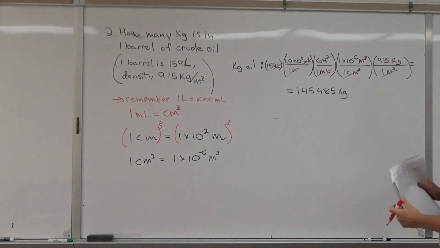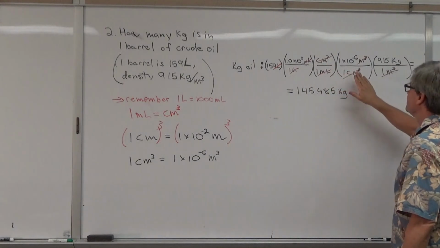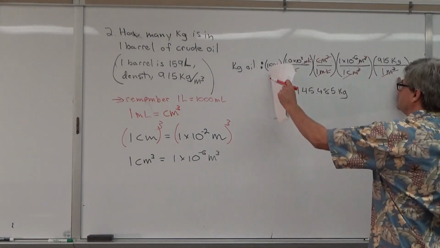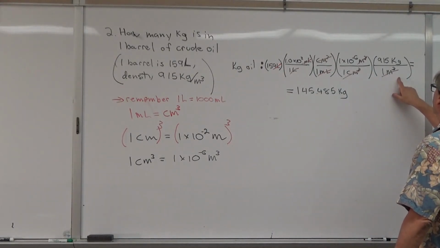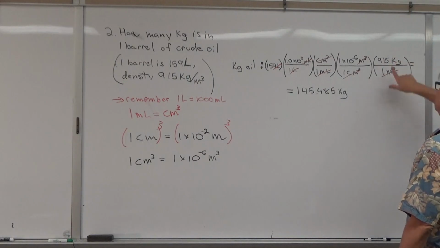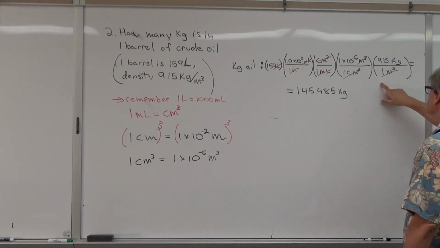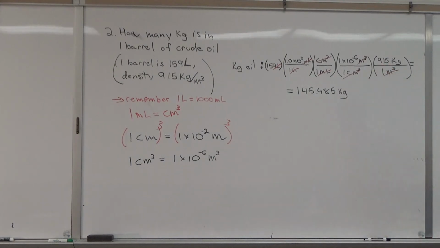Now we got to make a decision about sig figs. That's an exact definition. That's an exact definition. That's an exact definition. So I'm limited only by these two, and that is a limiting factor. That's a little bit weird. The 1 isn't a limiting factor, but that is a limiting factor.